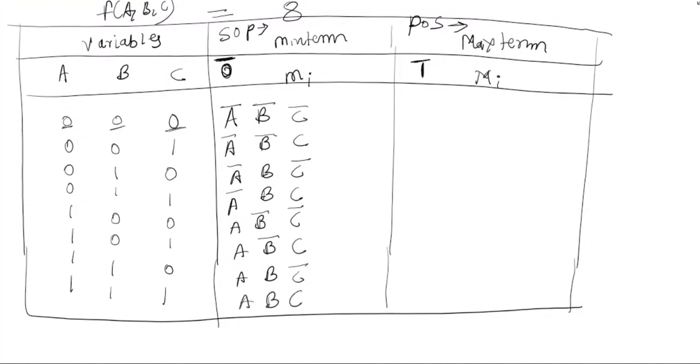Clear? Now the first value has the index 0. We know that the indexes start with 0, so the first value is represented at the 0th location. So this is m0, indicating that m0 represents the value A bar, B bar, C bar, meaning the variables have the input combination 0, 0, 0.